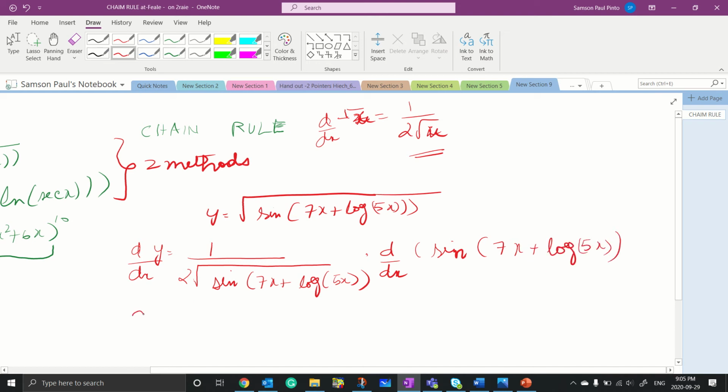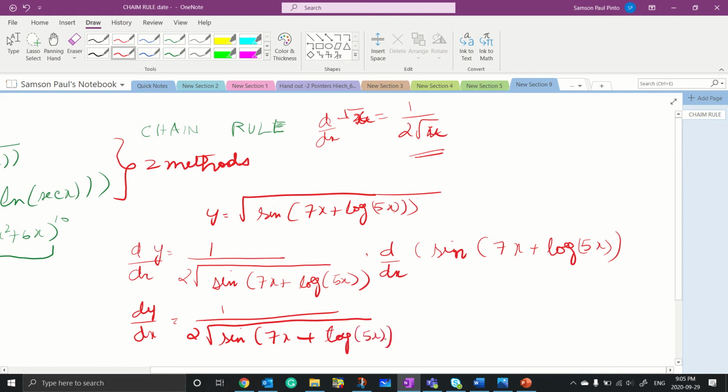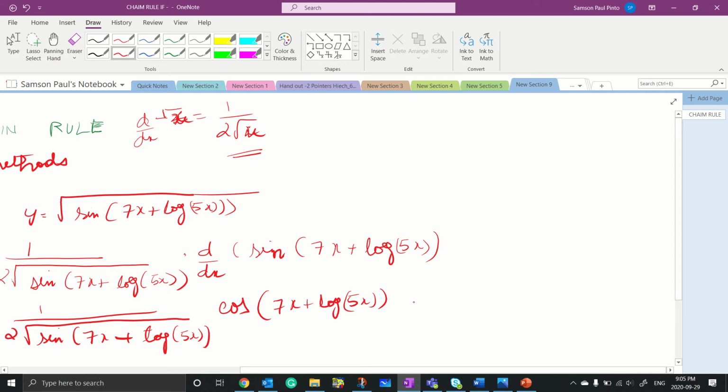So dy by dx is equal to 1 by 2 root of sine 7x plus log 5x, and d by dx of sin x is cos of 7x plus log 5x, into d by dx of 7x plus log 5x. We will further simplify this.